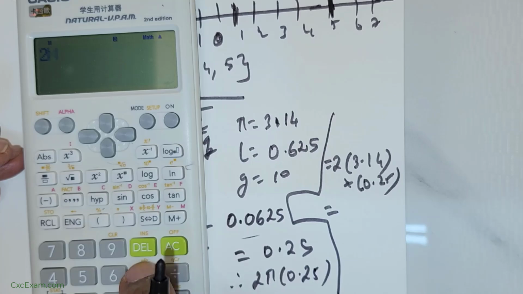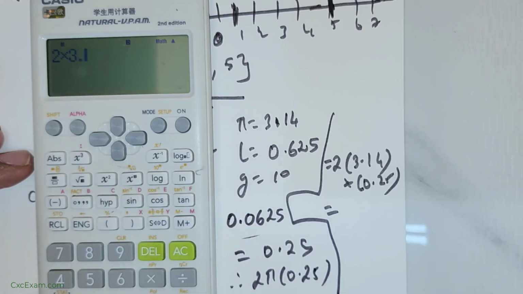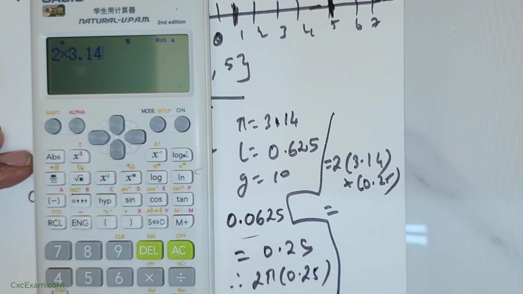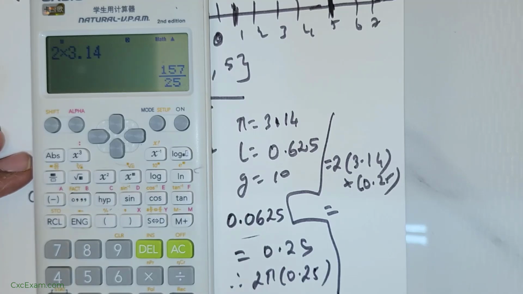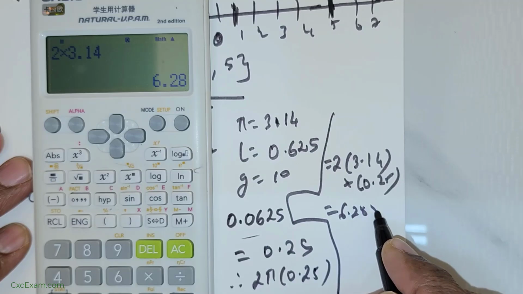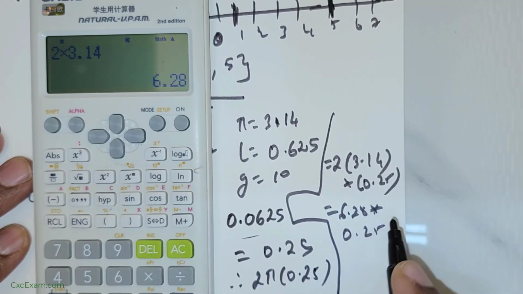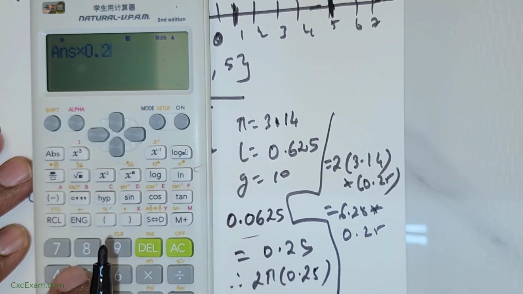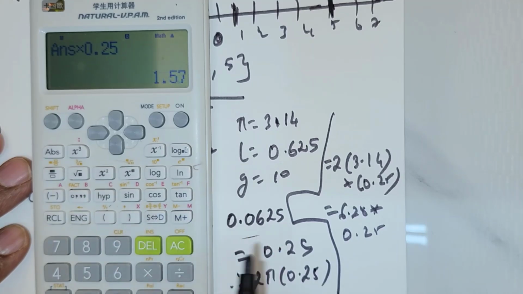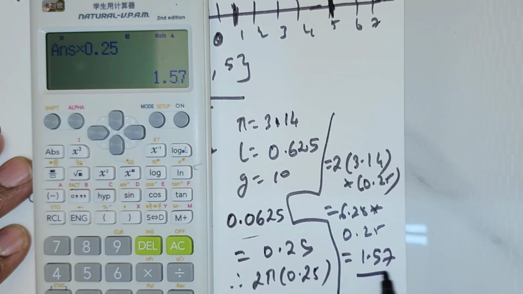So 2 multiplied with 3.14 is 6.28. This is multiplied with 0.25. So you're getting a value of 1.57.